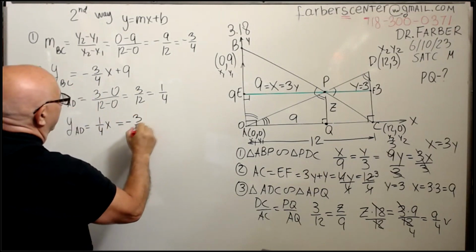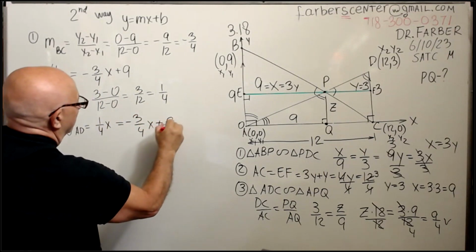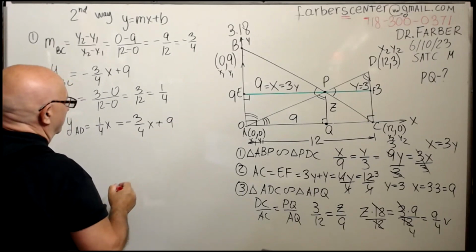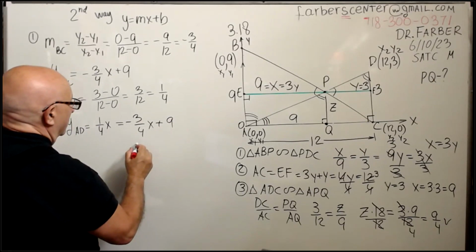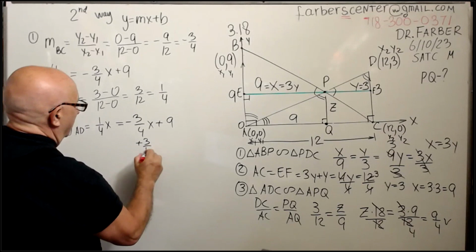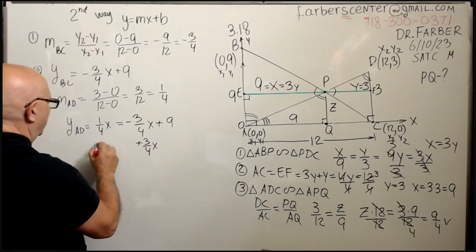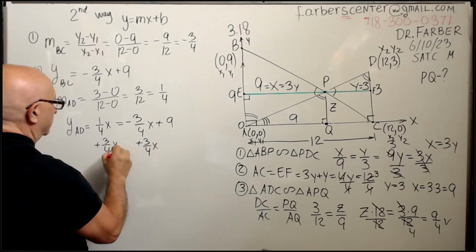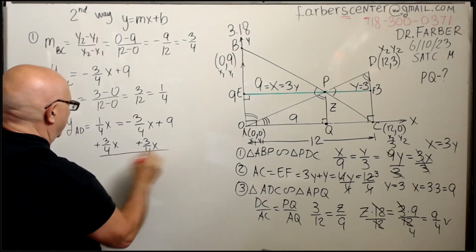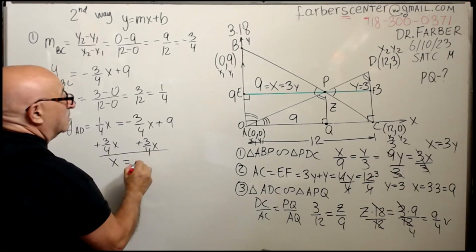Negative 3 over 4x, I saved space, plus 9. How to solve it? Plus 3 over 4x and plus 3 over 4x. And we have x equals 9.